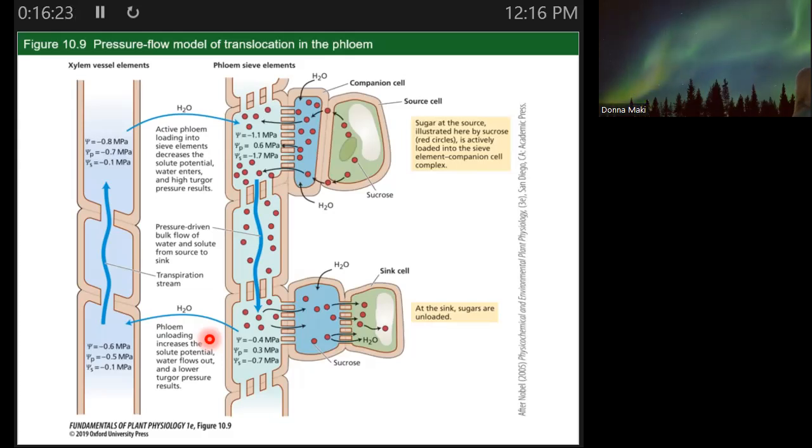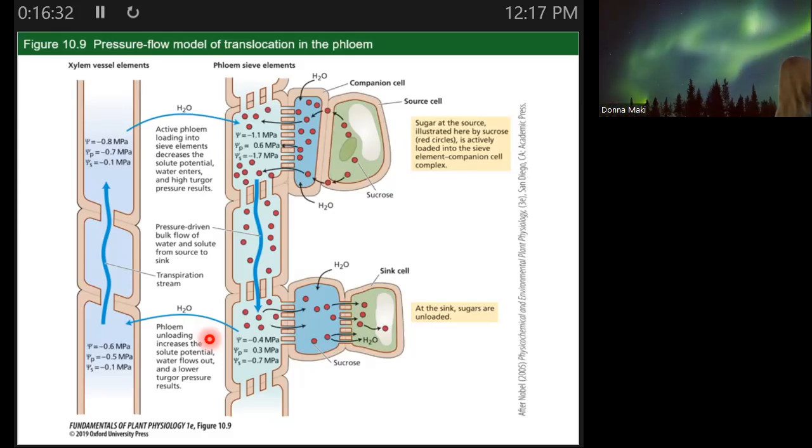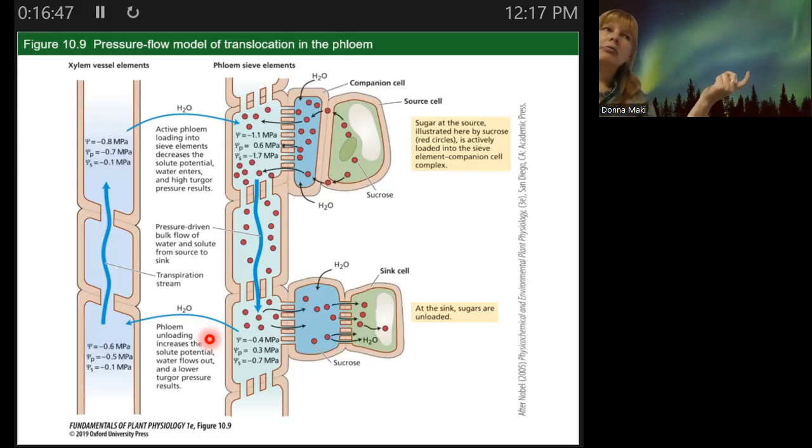I mean, you still have to consider water potential ideas for the loading and the unloading. You have to think about that. But once you're in the sieve tube element, I tend to think of it as an internal highway system. There's no membranes here in the sieve plate area. So from sieve tube element, sieve tube element, sieve tube element, no membranes. So therefore, it's not really osmosis in that part of the plant.